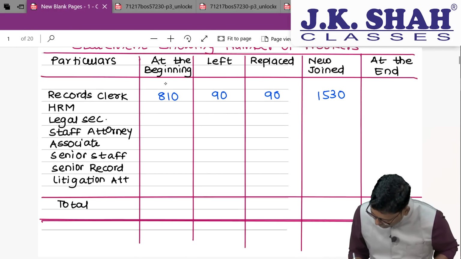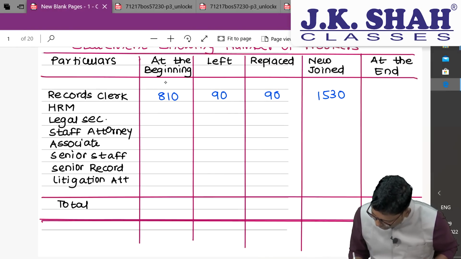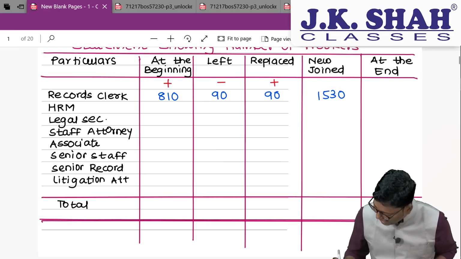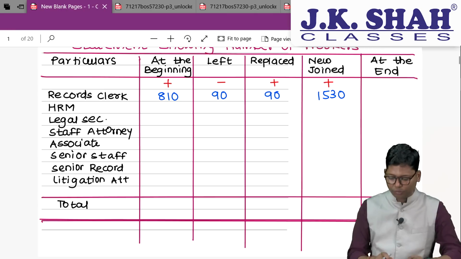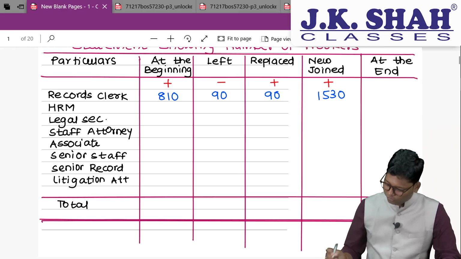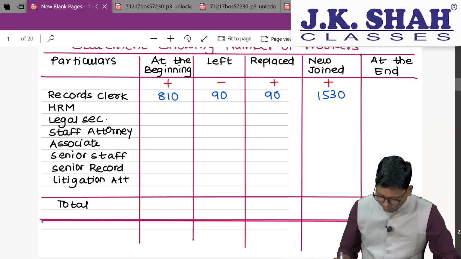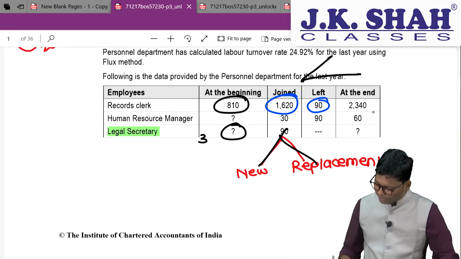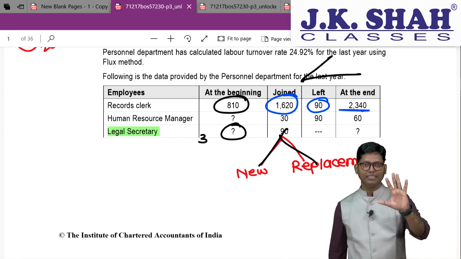Whatever strength was there in the beginning of the year, that is to be added, left employees are to be deducted, replaced employees have to be added, and new joined employees are to be added. 810 minus 90 plus 90 and plus 1530, you can cross verify the ending employees number. It is 2340 and it has been given in the question, 2340. It is getting tallied. Easy.